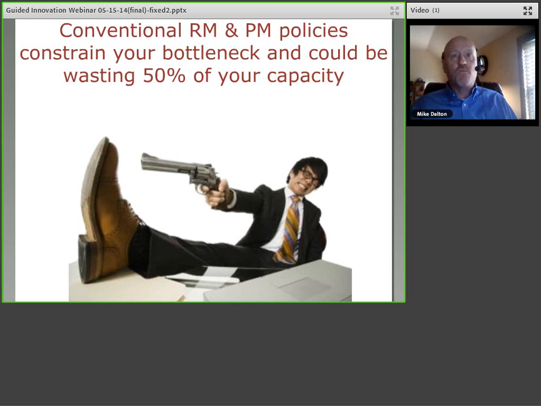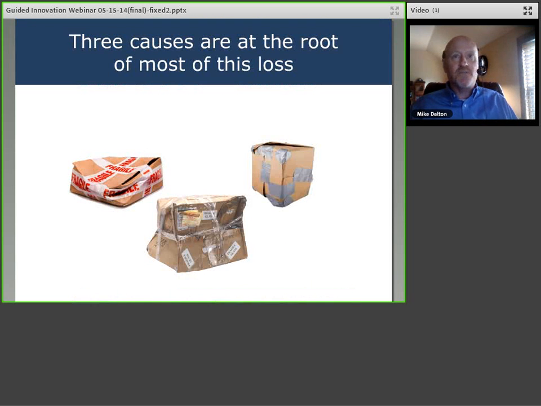Now, I know that's a bold statement to say 50%. So I want to start today by unpacking three key issues with conventional resource management and project management practices that repeatedly show up as the root cause for new product innovation under-delivering on its promise.